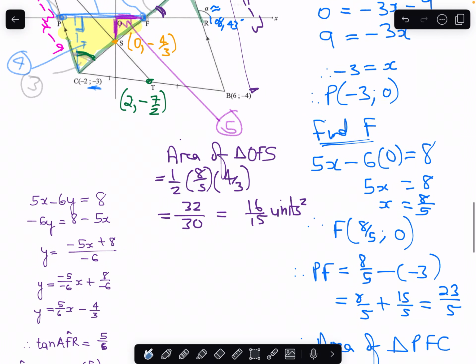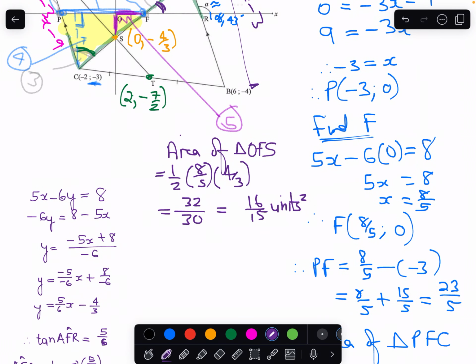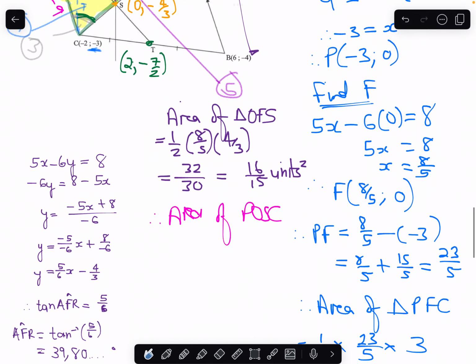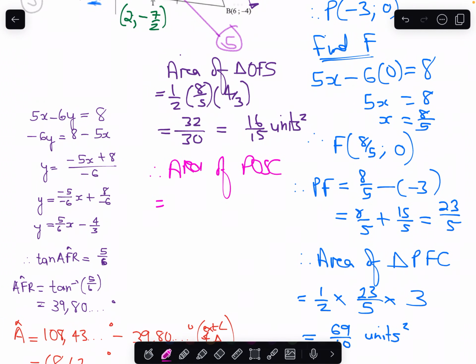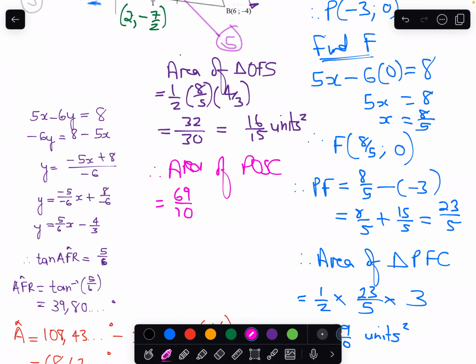And so the area of POSC will be equal to the area of the bigger triangle, which is 69 over 10, minus the area of the smaller triangle, and the common denominator is 30. 69 times 3 is 207, I think.